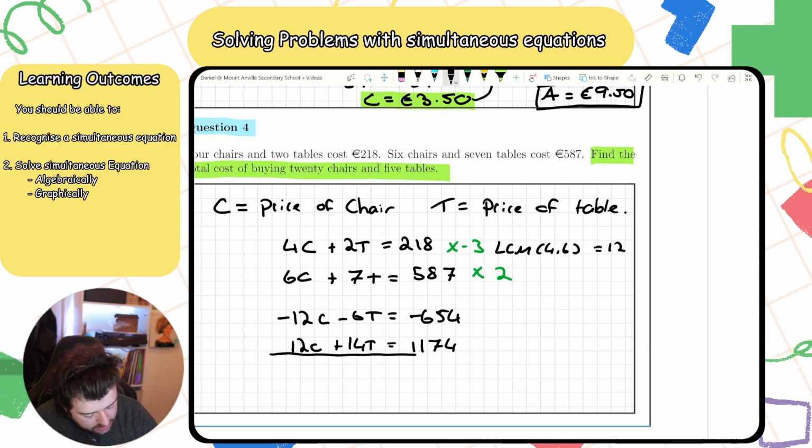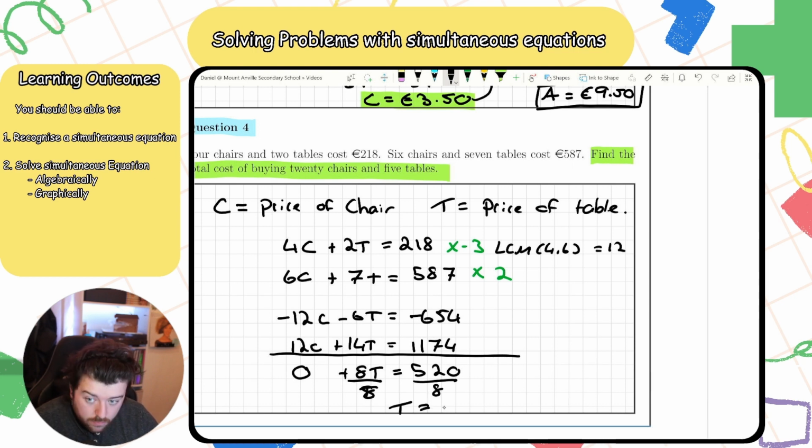So add these up. That's going to go to 0. Minus 6t plus 14t is going to be 8t, which is equal to 520. And then divide both sides by 8. I get t is equal to €65. So a table costs €65.